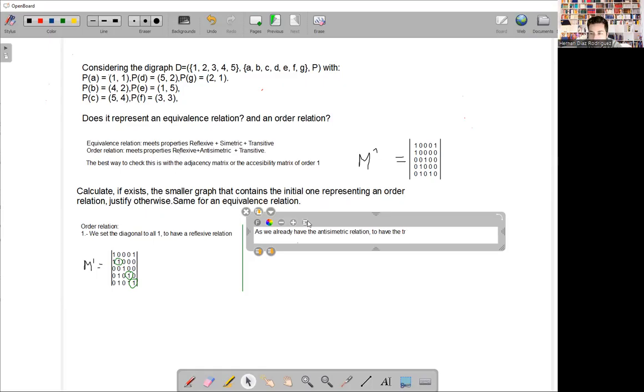To have the transitive one, we need to calculate the transitive closure.